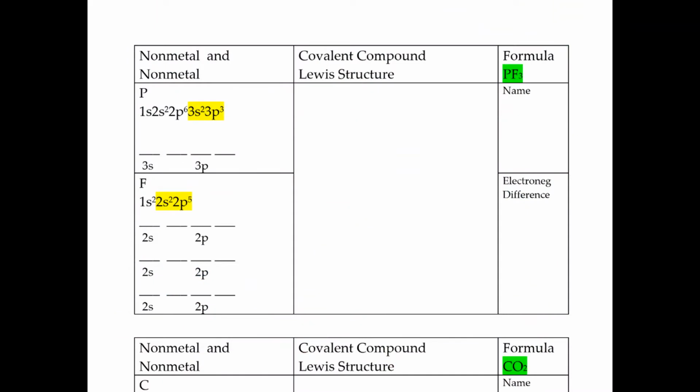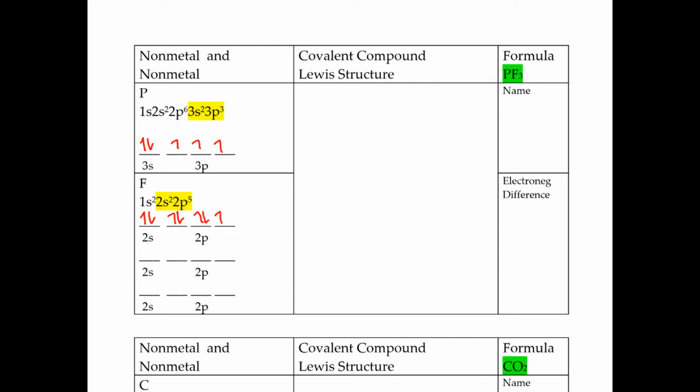Next example on page 5, we're going to draw phosphorus with a 3s2 3p3 for the valence, and fluorine with a 2s2 2p5 for the valence. So you could see that phosphorus would like to share 3 electrons. However, fluorine can only share 1 electron.